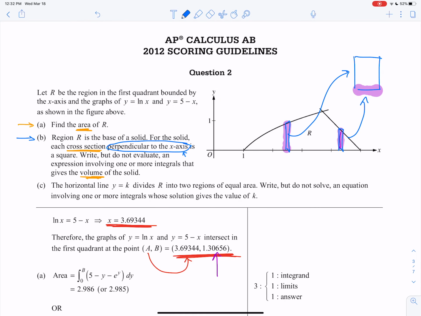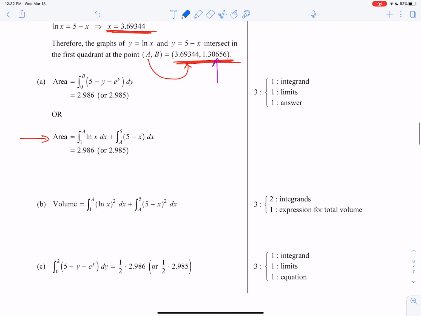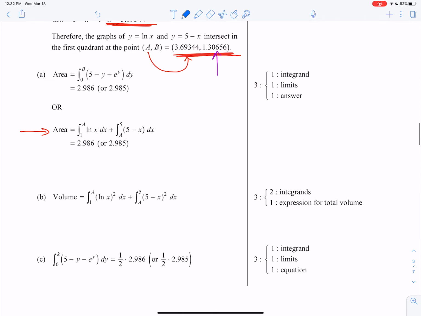Okay, so here you go. You notice that basically it's just the integral of the area of your base. The area of your base, the shape of it is really just a square, so that's just something squared.